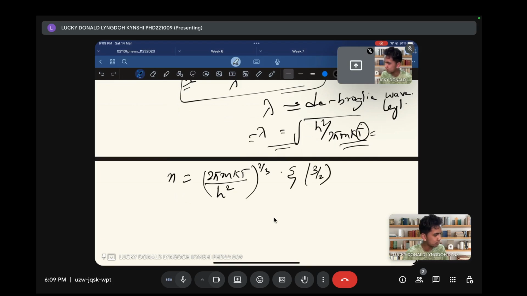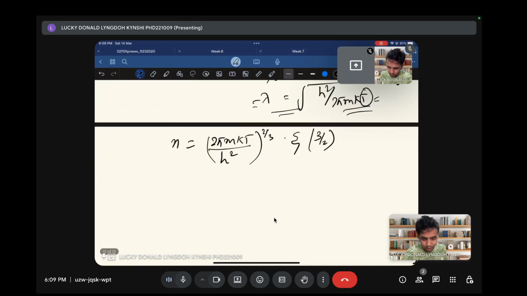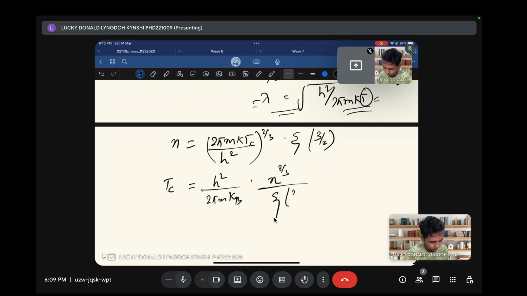This is anyway a constant term. So that means now, for the critical temperature, your Tc will be equal to h square by 2 pi m kB, into n to the power of 2 by 3, sorry, n to the power of 2 by 3, and zeta function of 3 by 2 to the power of 2 by 3.